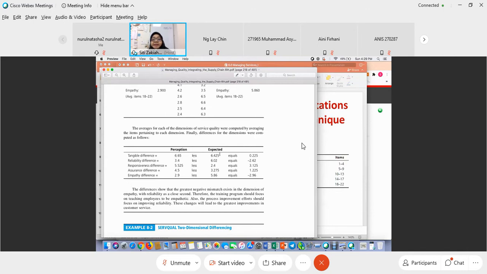6.65 minus 6.425, you get this. So you subtract expectation from perception. Then you look at the results. You notice that there are two negatives. What does the negative mean? Anybody can answer?